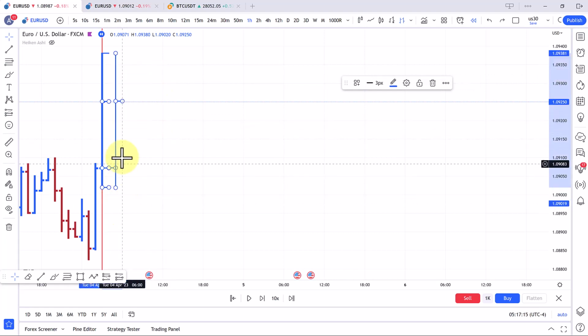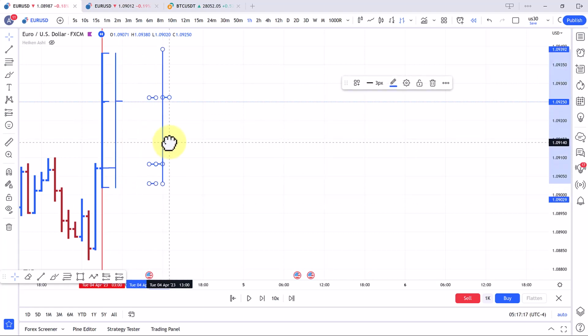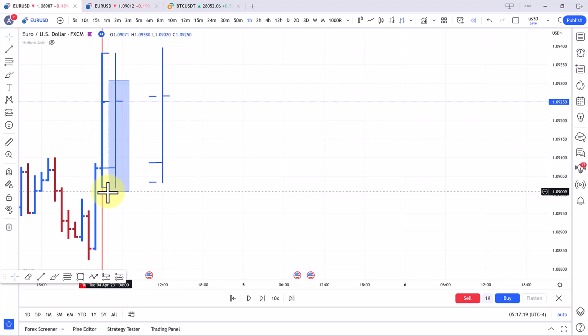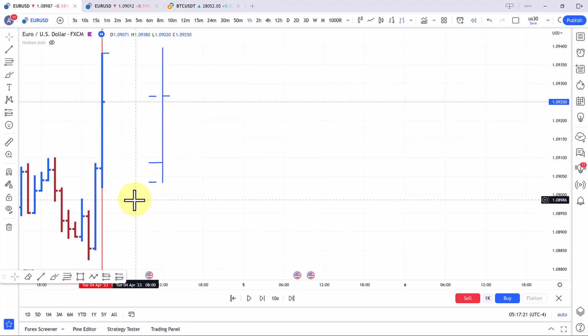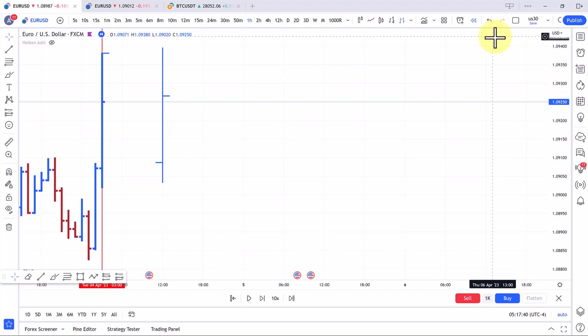And if I copy this, you can see that it's exactly like the original one. It's a little bit different, but it's because of the scale of TradingView itself. I wanted to teach you that because it is important for you to understand this concept for reading bar charts and candlestick charts.